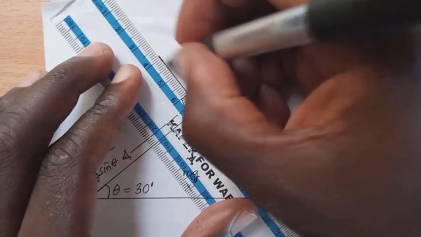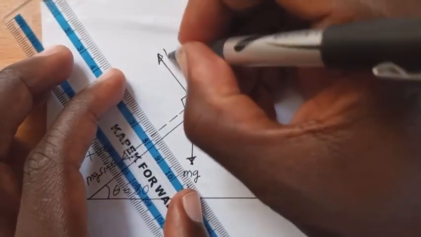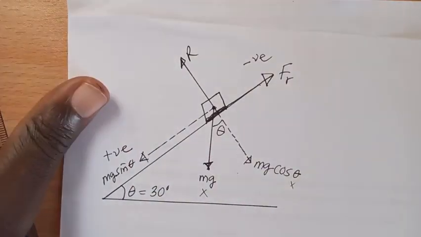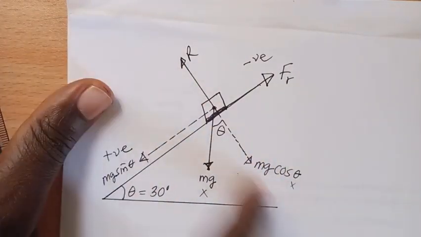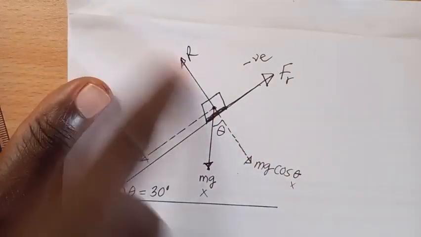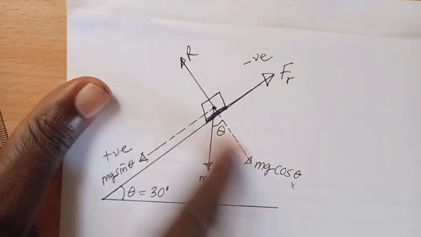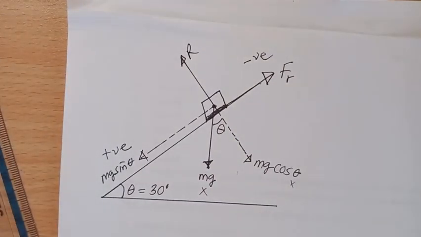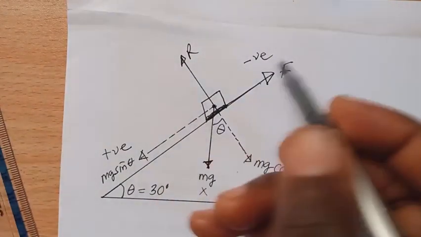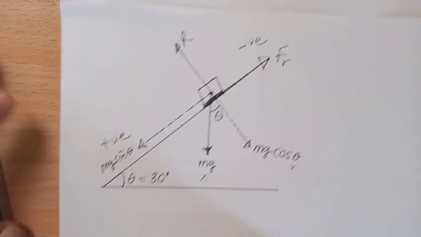You have the normal reaction here, okay, R. So this force here is equal to this, and the two cancel each other. So perpendicular to the plane, the forces cancel. Their resultant is 0.